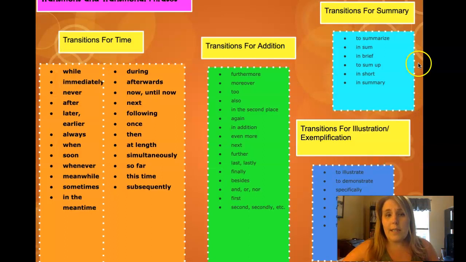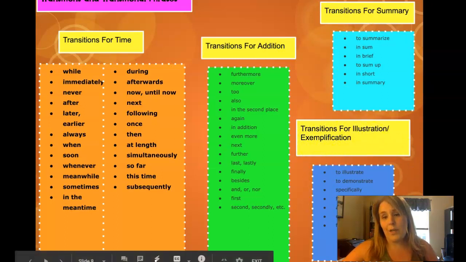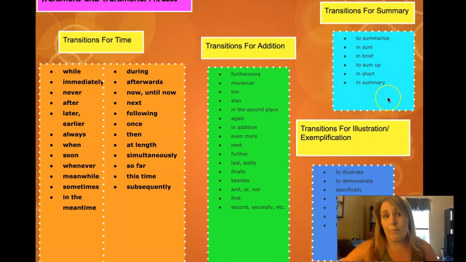On this slide, you can see that there are many different types of transitions. You have transitions for time, transitions for addition or adding an additional thought, transitions for illustration or examples. This would be a really great one as you are presenting your evidence. And then as you're wrapping up your body paragraph, you have transitions for summary.